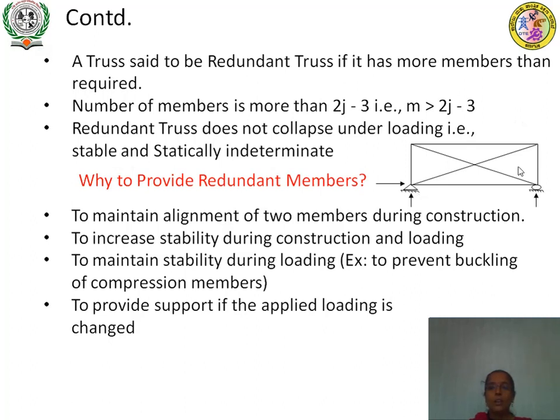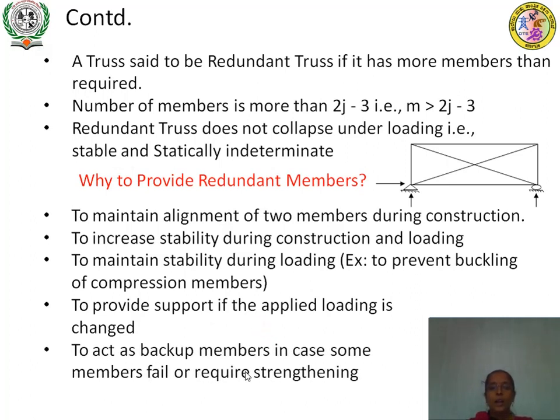Then these redundant members will provide additional support, and act as backup members in case some members fail or require strengthening. So this additional member will act as a backup when one of the members fails, and will provide the strength to maintain stability.